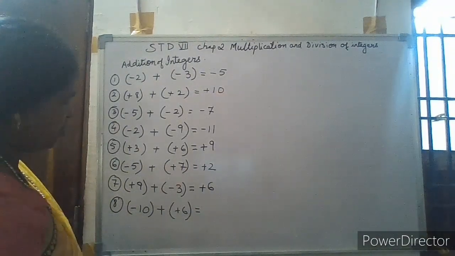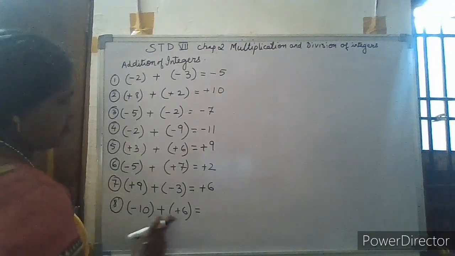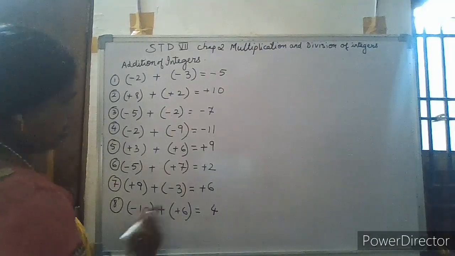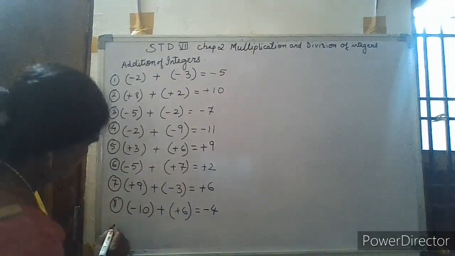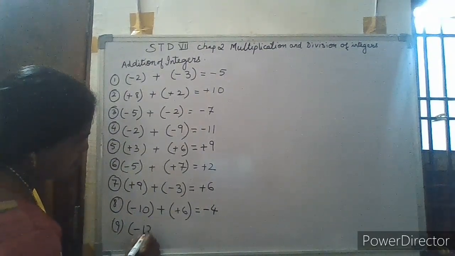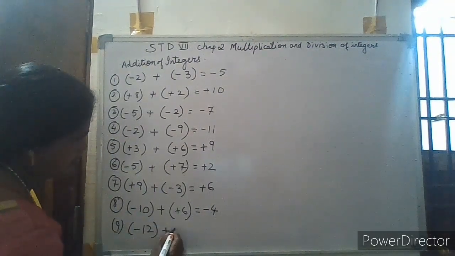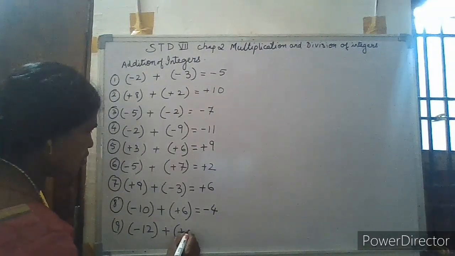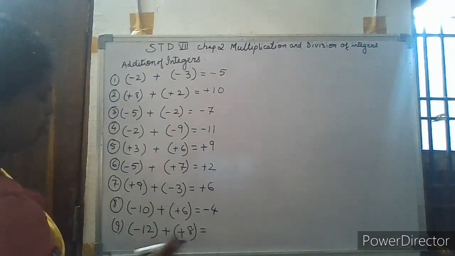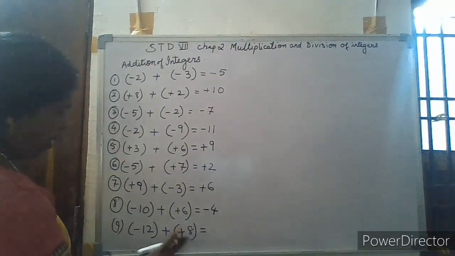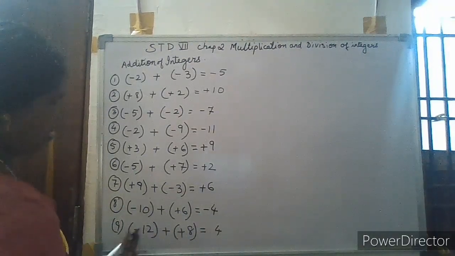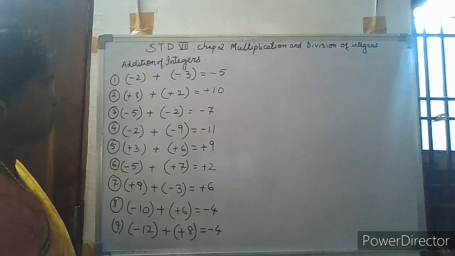Both the numbers have different sign. Subtract the numbers. 10 minus 6 is 4. Sign of the greater number is minus sign. Next, -12 plus 8. Here again both the numbers have different sign. Subtract the numbers. 12 minus 8 is 4. Put the sign of the greater number, minus.